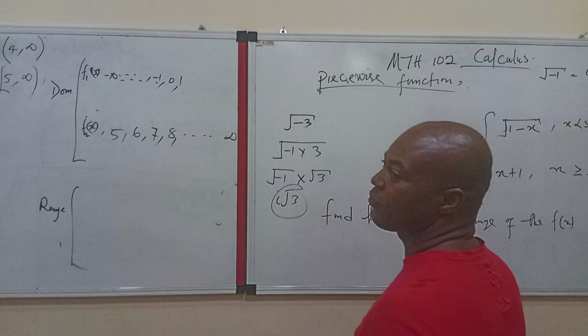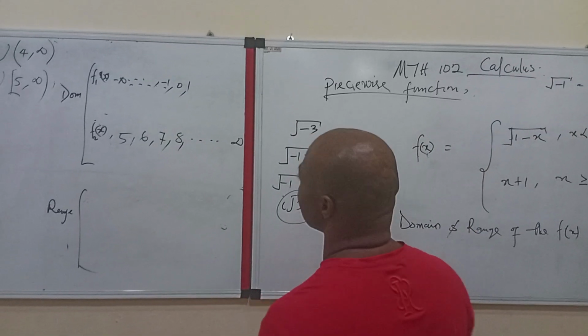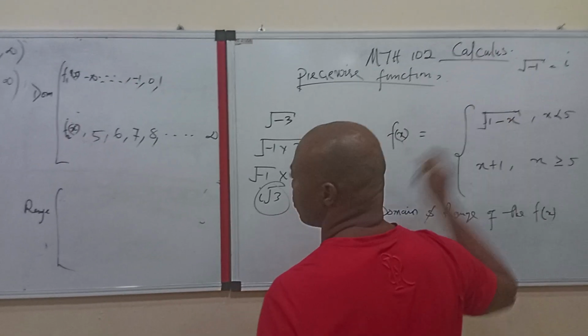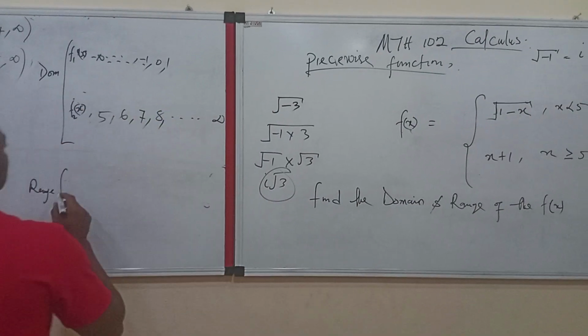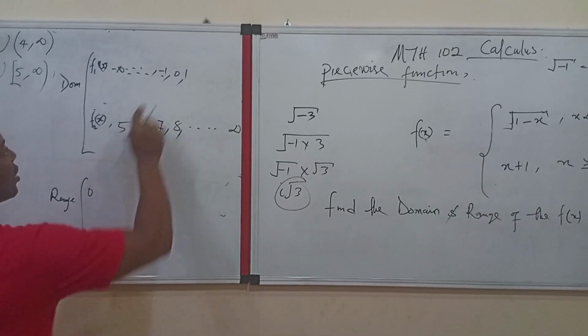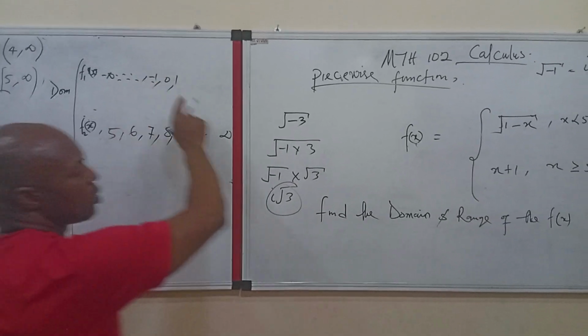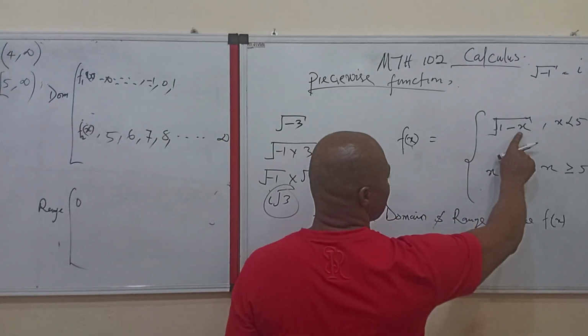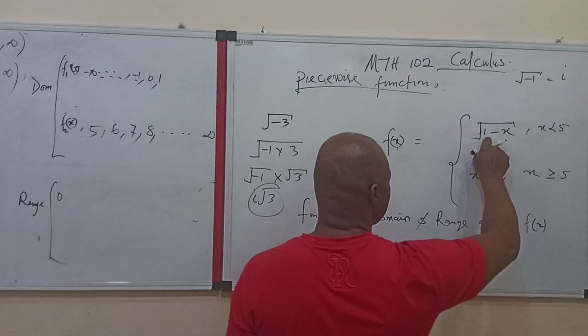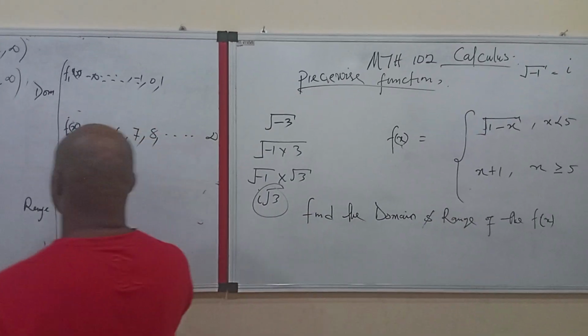Im go output 0. If 1 come here, 1 minus 1 will give you 0. Square root of 0 na 0. If 0 come here, 1 minus 0 na 1. Square root of 1 na 1.